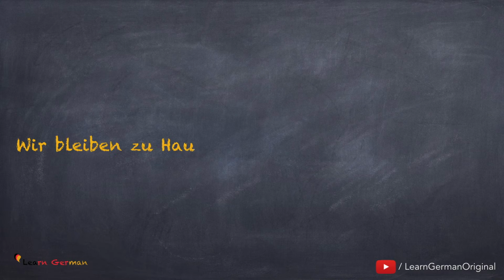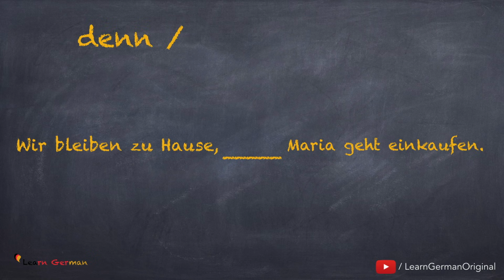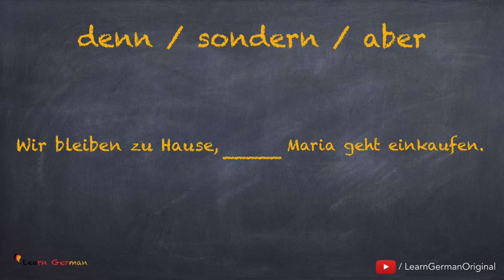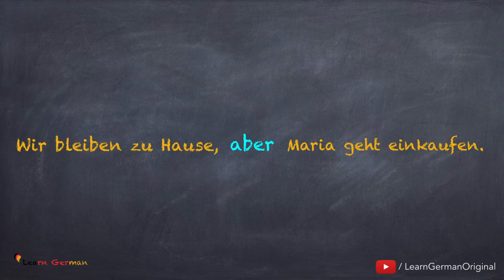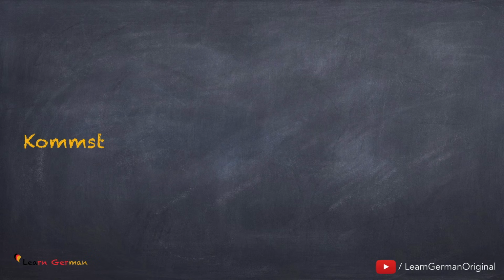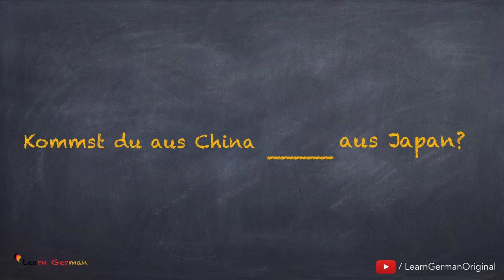Here's the third one. And the answer is Wir bleiben zu Hause, aber Maria geht einkaufen. Here's the next sentence.